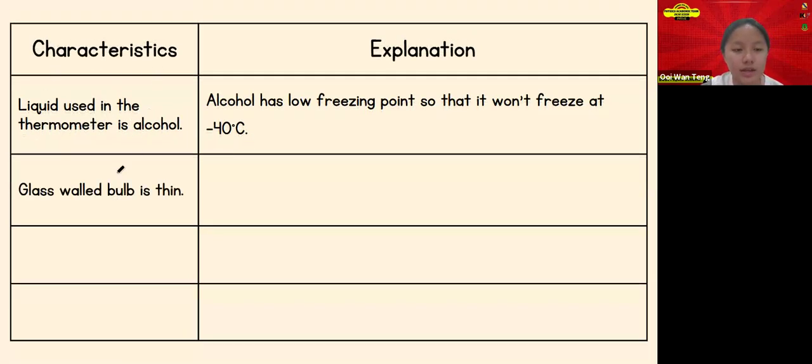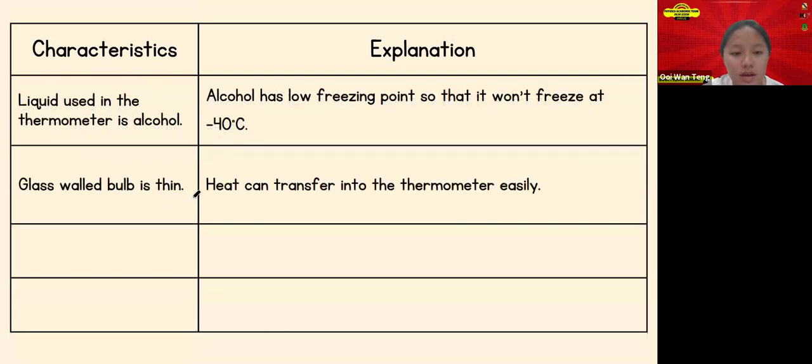And second characteristic is glass wall bulb is thin. And the reason is heat can transfer into the thermometer easily. If heat can transfer into the thermometer easily, it means that it can respond faster to the temperature changes and also provide us an accurate reading.